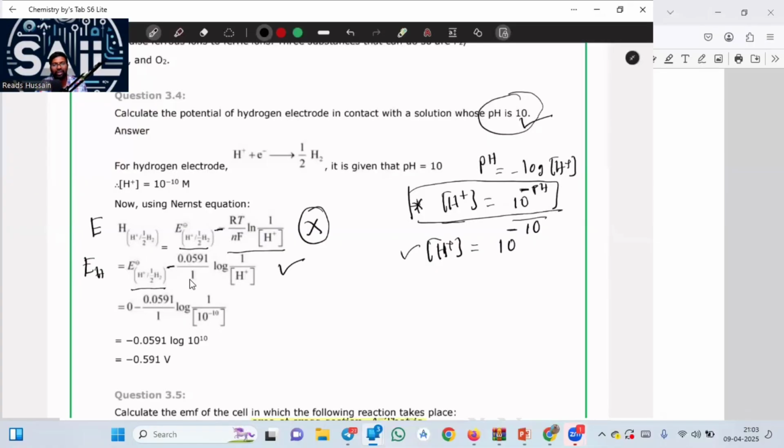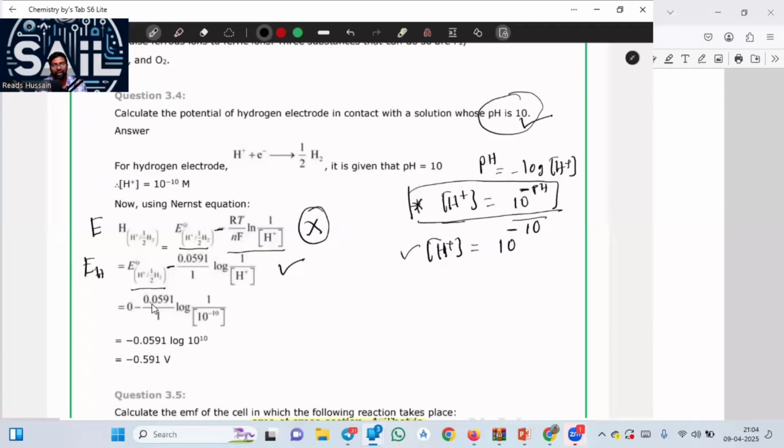Why do we apply 1 here? We apply 1 because the n value is 1. Why is the n value 1? H plus gains 1 electron and becomes half H2. Here the number of electrons transferred is only 1. So the n value is 1. So 0.0591 by 1 into log 1 by H plus concentration.